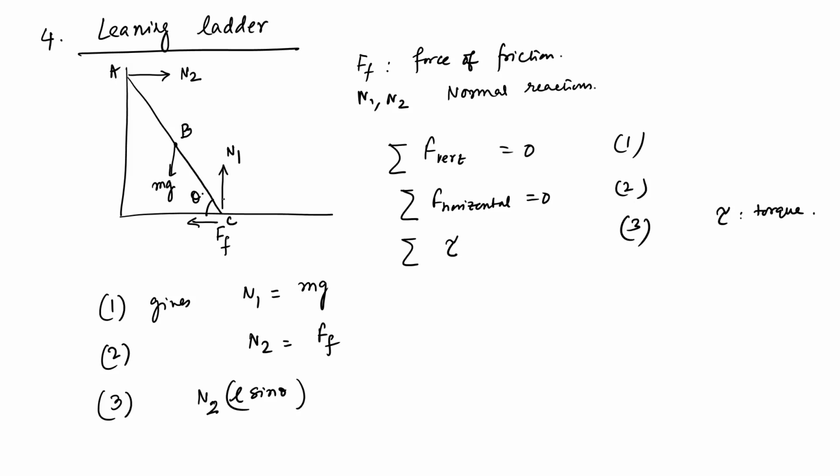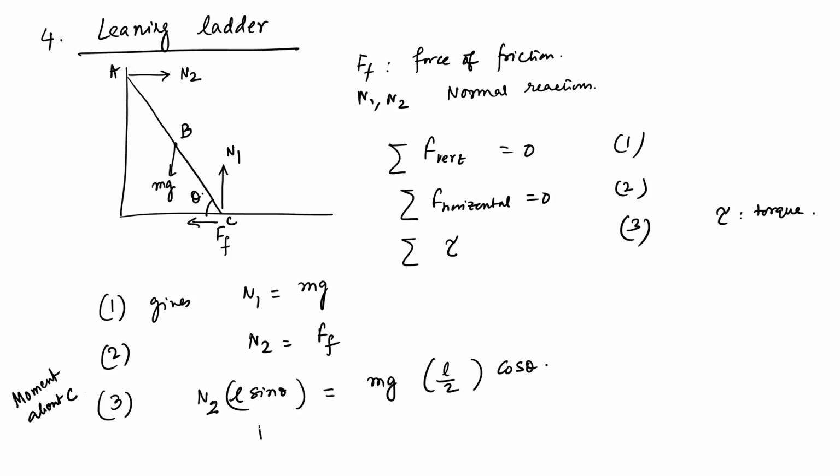Okay, you are taking the moment about C. So N2 into L sin theta equals mg into L by 2 cos theta.